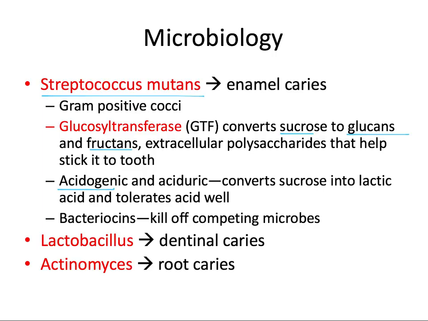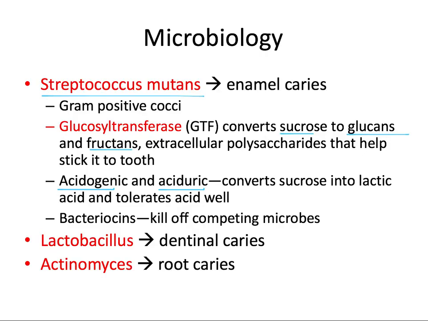It's also acidogenic and aciduric. We know it's acidogenic, which means it converts the sucrose into lactic acid via fermentation, which we talked about in our big equilibrium diagram. And it's aciduric, it's durable in acid. It tolerates the acid well. So it can bathe in its own secretion, so to speak, and it doesn't get damaged or killed from having low pH.